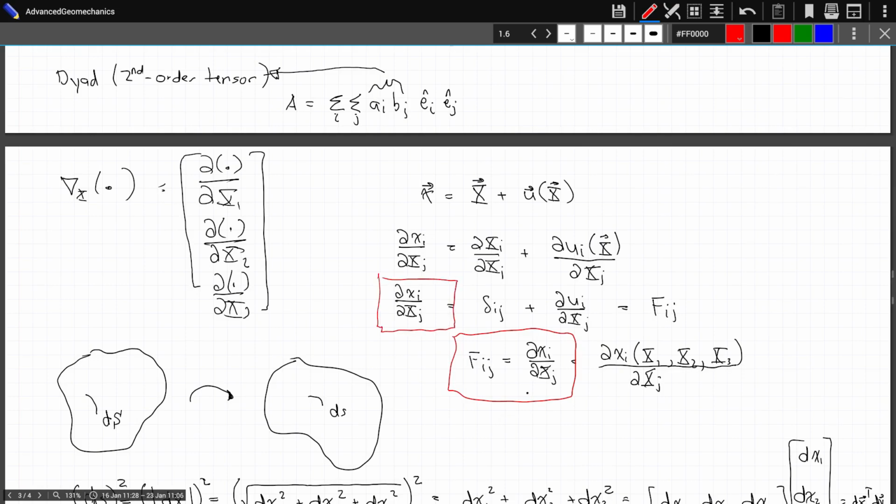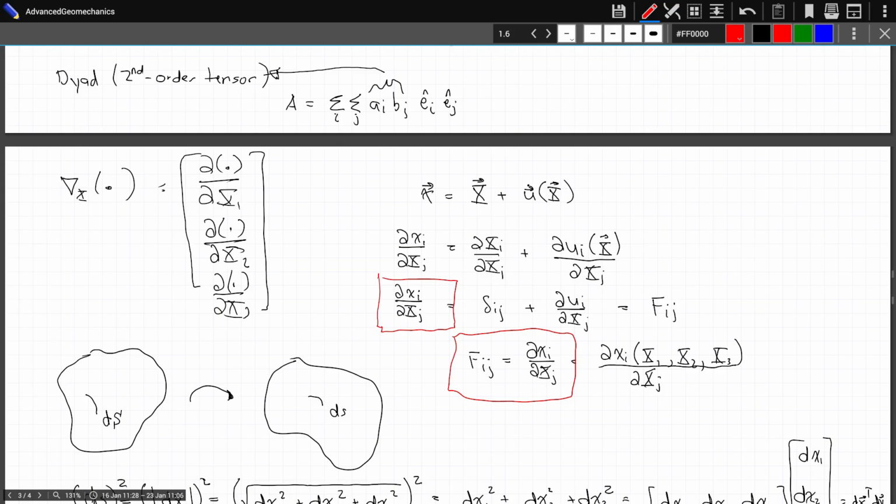I think I wrote it there, in a box. Which basically just comes from this first equation. Again, writing little x is big X plus u of x, right? And then just taking the partial derivative of both sides with respect to big X. And that's how you get that equation.